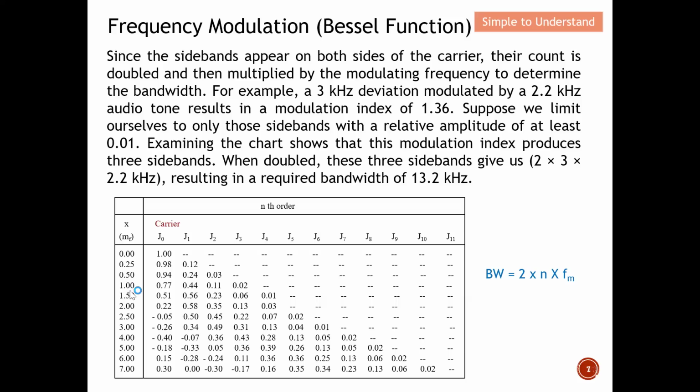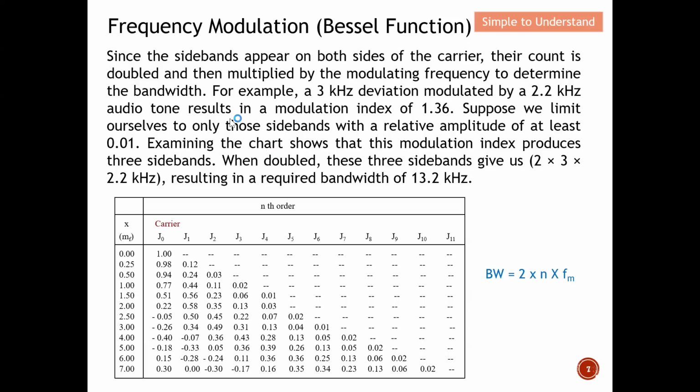So it's actually in between here. As I mentioned earlier on, we only consider anything that is bigger than 0.01. And from here, you can see that at 1.5 it is already 0.01. So from here, I can compute that the significant number of sets is J3. This is the n. So therefore, I know that n is equal to 3.